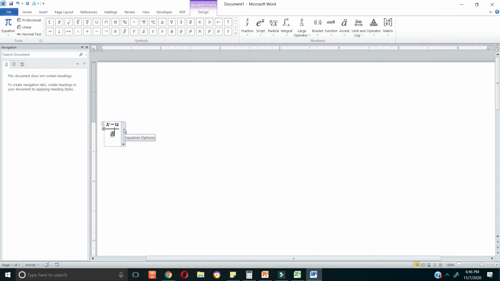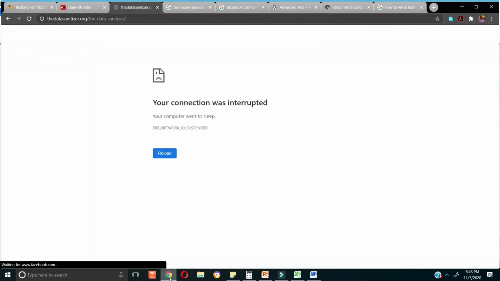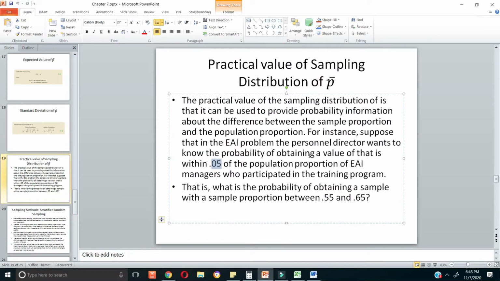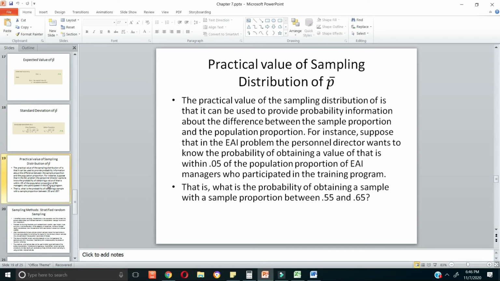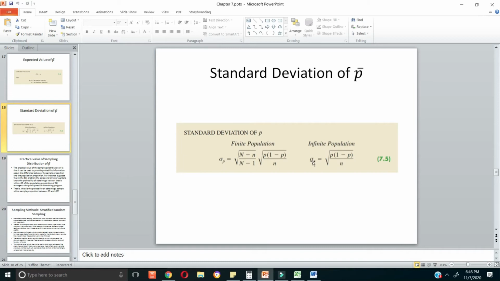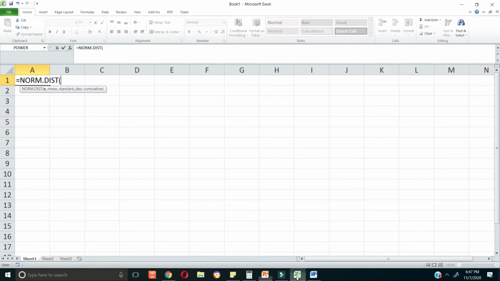We have to compute the standard deviation using this formula over here. We already know the sample standard deviation, but sorry, we need to get the population standard deviation.